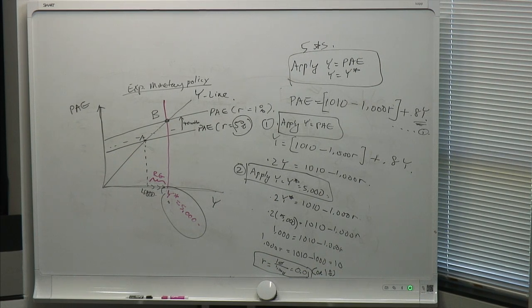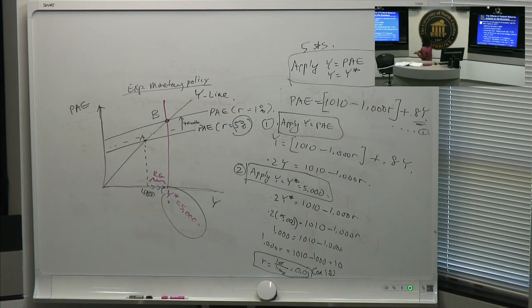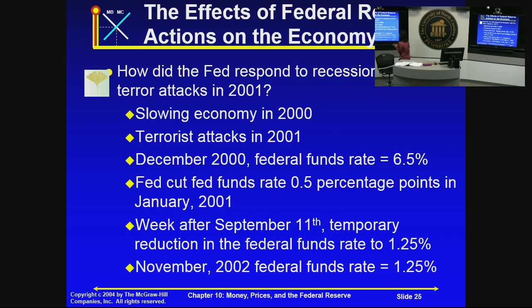Okay, so let's look at what happened, a very quick example. The recession of 2001. There were terrorist attacks in 2001. So in December 2000, the federal funds rate was 6.5. And again, 2001, September 11 hit, and we had a recession. So in other words, you were in a recessionary gap.